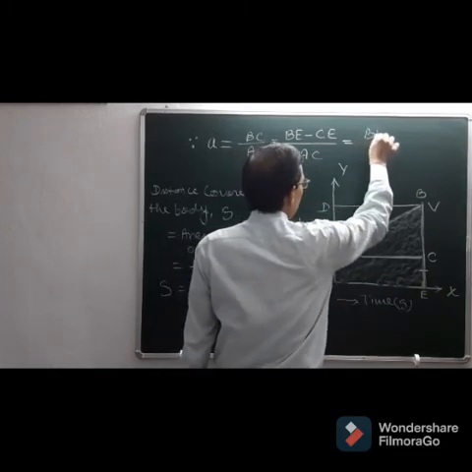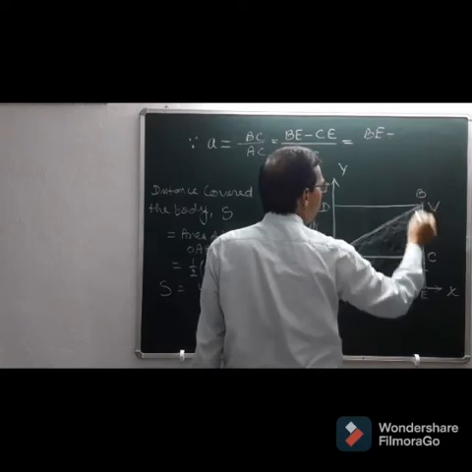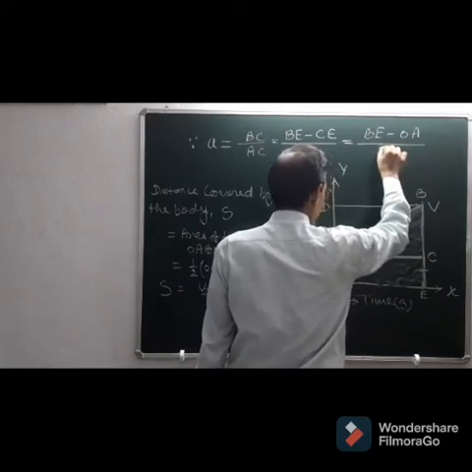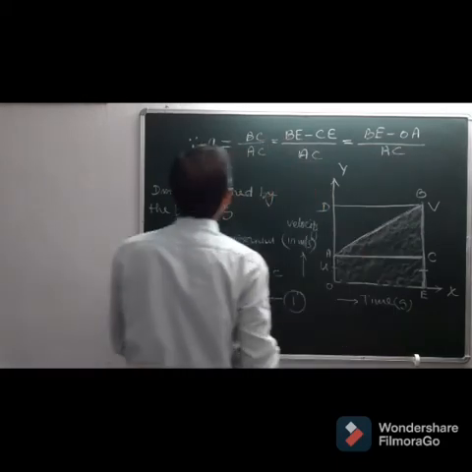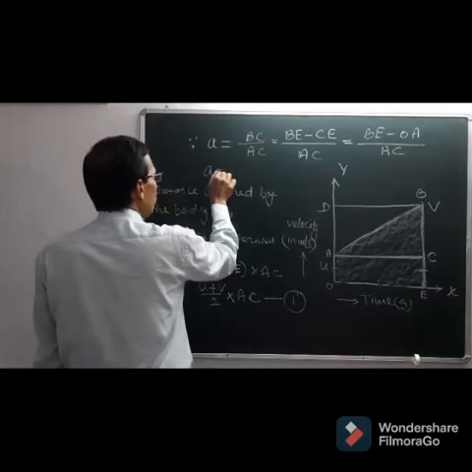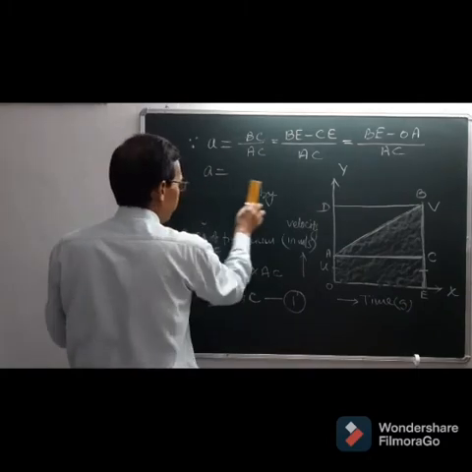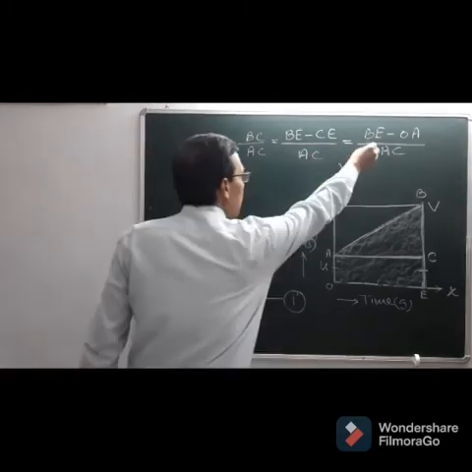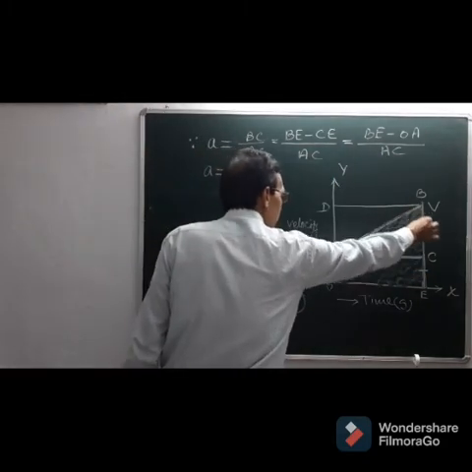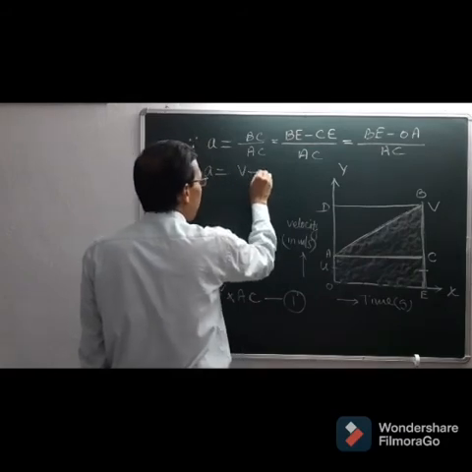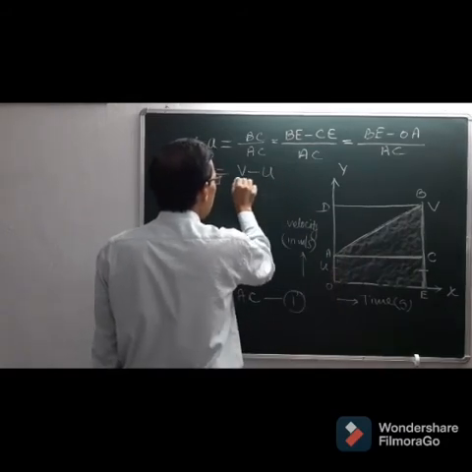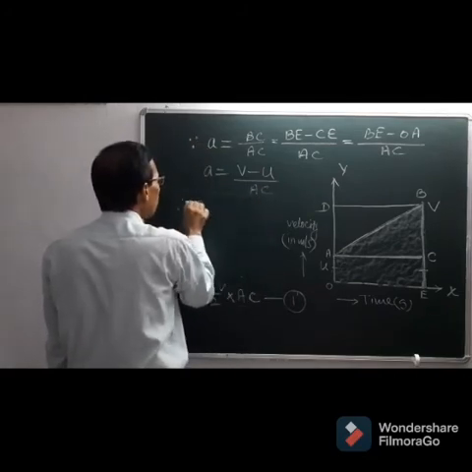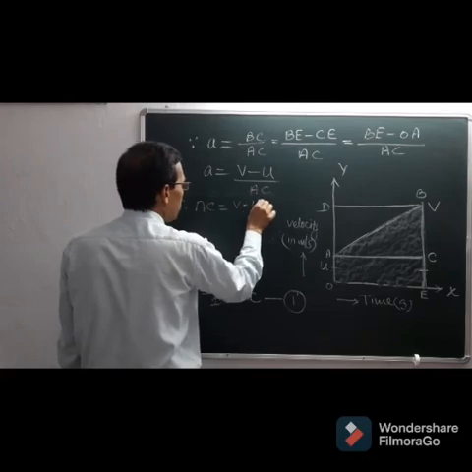So A is equal to BE minus OA divided by AC, that is, final velocity minus initial velocity divided by AC. So AC is equal to (V minus U) by A.